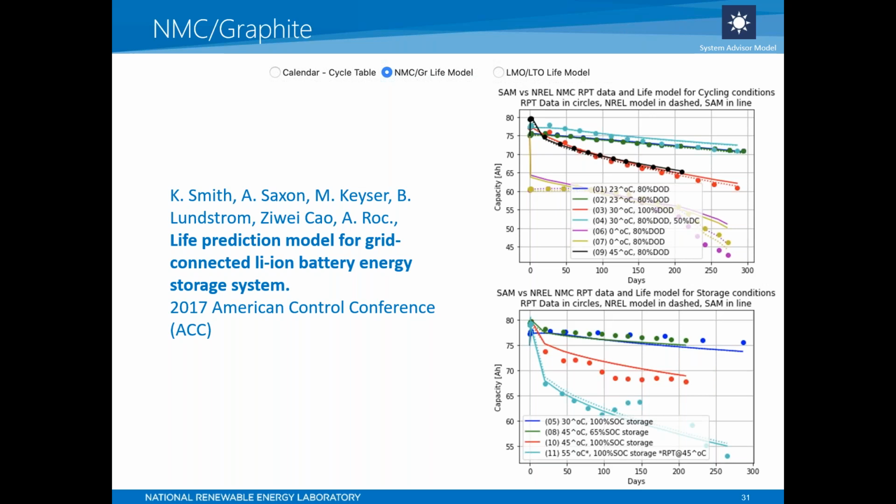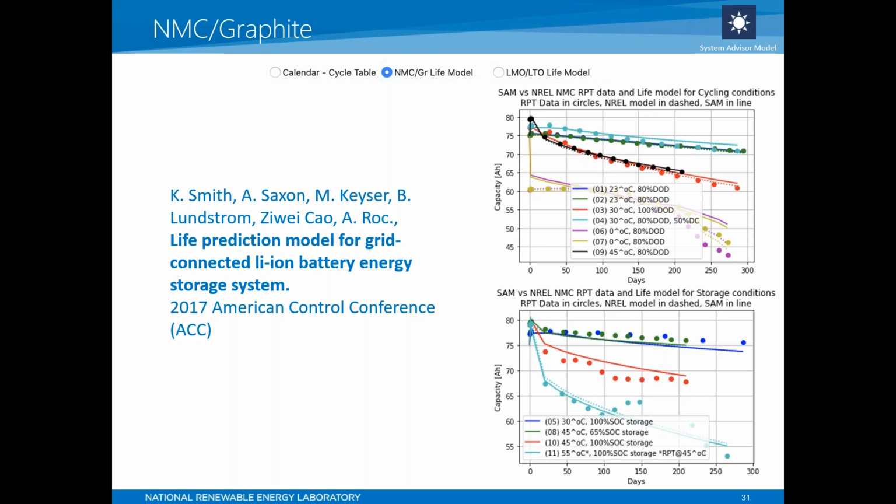The graph on the top shows cells which were cycled. So each cell is tested under different temperatures and different depth of discharge. The graph on the bottom shows cells under the storage conditions in which the cells were kept at a constant temperature and state of charge.